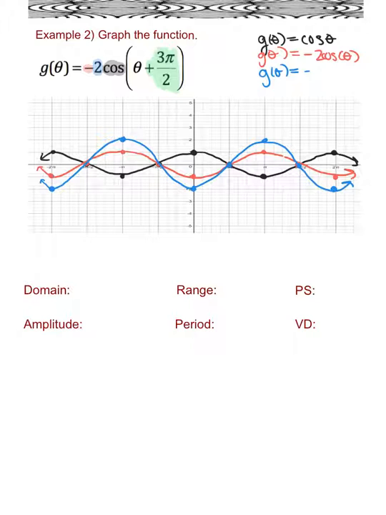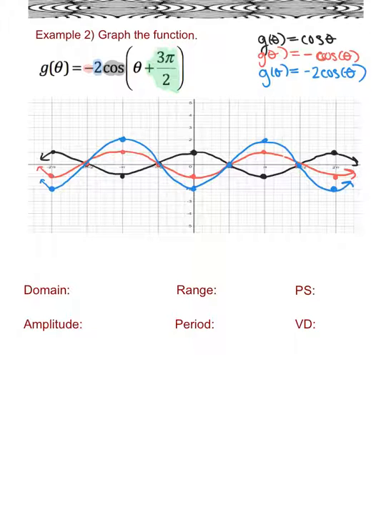This is -2 cosine of theta. I need to erase this 2 right here. The red is just negative cosine of theta. The blue is -2 cosine of theta.